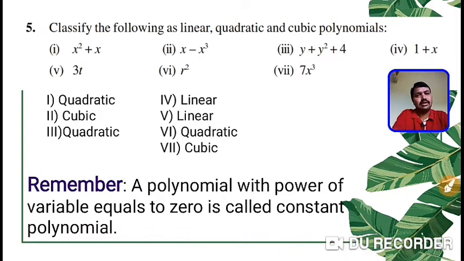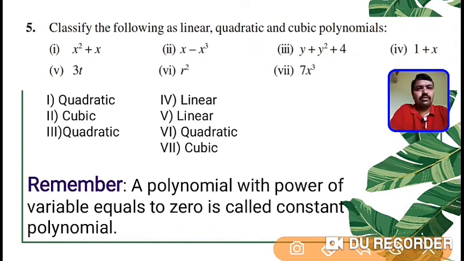For example, in the first part the degree is 2, so the first polynomial will be quadratic. In the second part the degree is 3, so the second polynomial will be cubic. In the third part the highest power of the variable, that is the degree, is 2, so again it is quadratic.